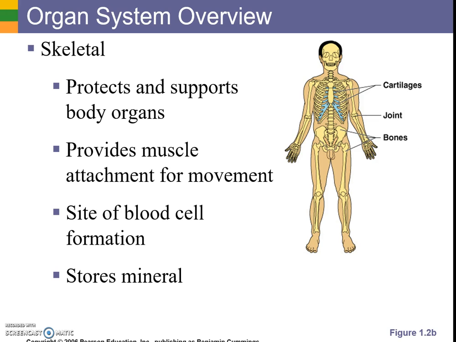Now, what does our skeleton do for us? Well, it forms a framework that holds everything together. It protects the things that are encased in it. Obviously, our brain is totally surrounded by our skull. Our heart and lungs are fairly well protected by our whole thoracic, rib cage, sternal area. So we are protecting several important organs.